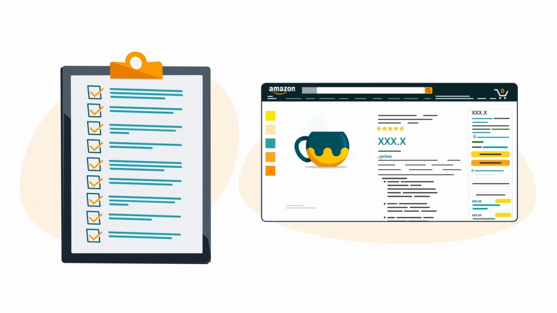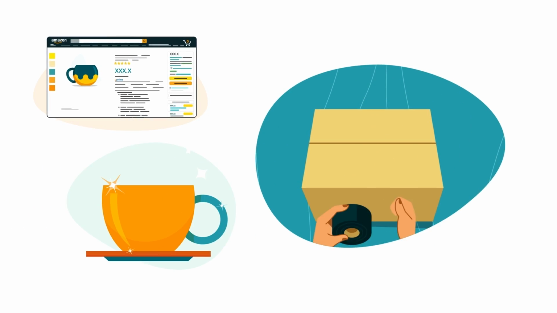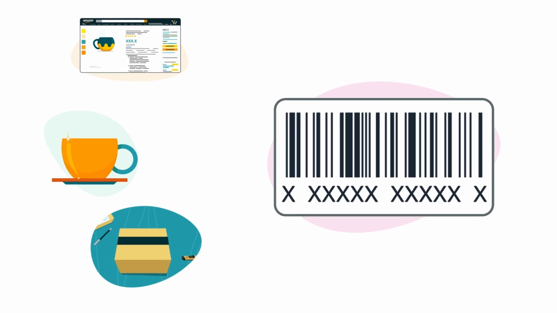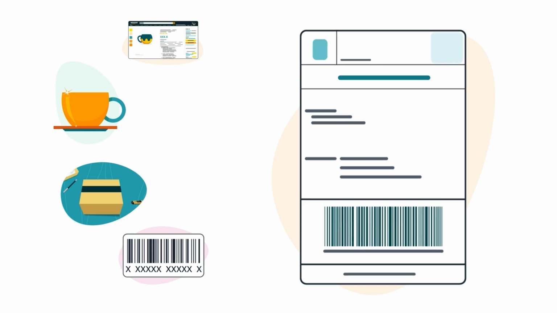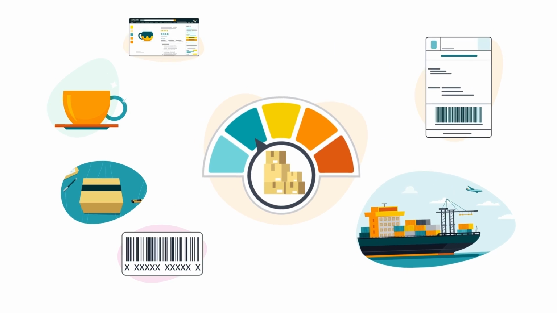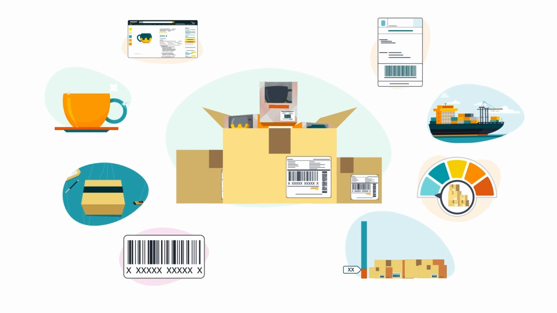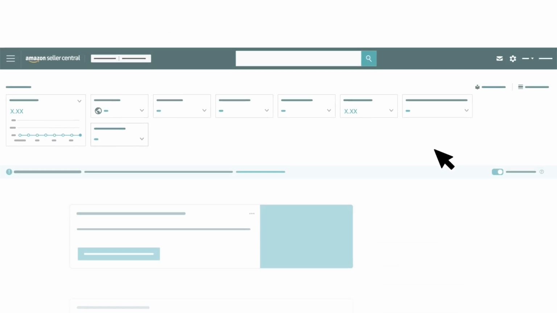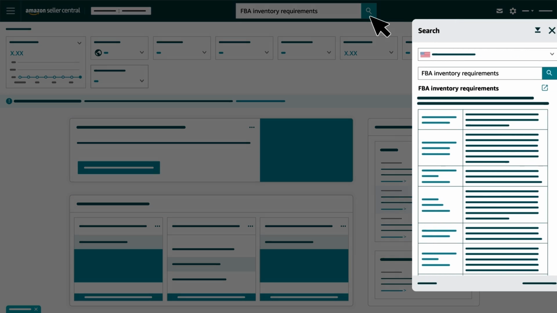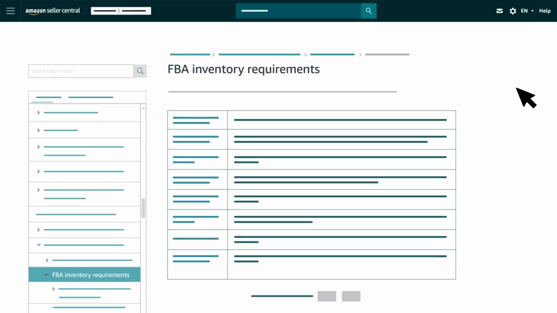These requirements involve product titles, item conditions, packaging and prep, barcodes, shipping labels, shipping and routing, inventory capacity limits, minimum inventory level recommendations, and box content information. You can find the help page for each requirement by searching for FBA inventory requirements in Seller Central.